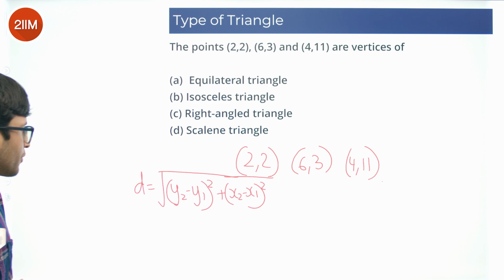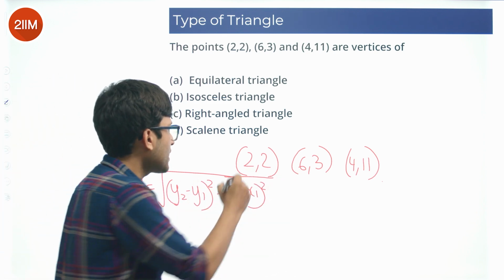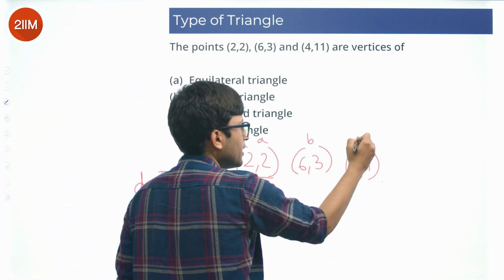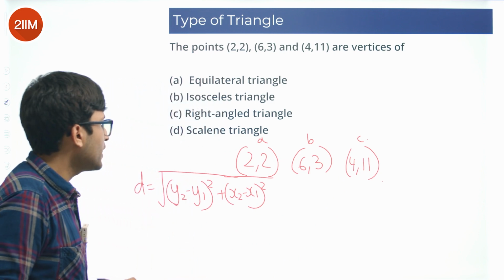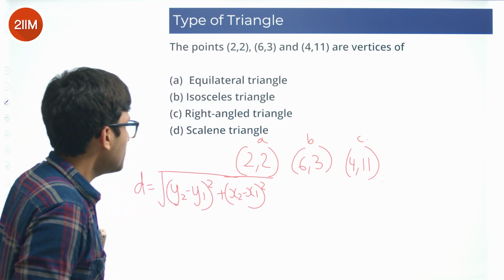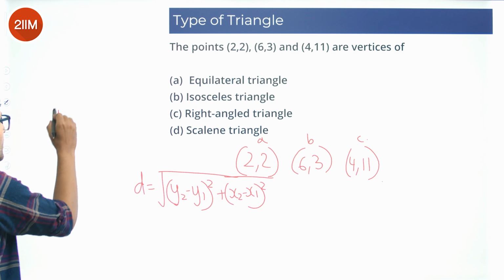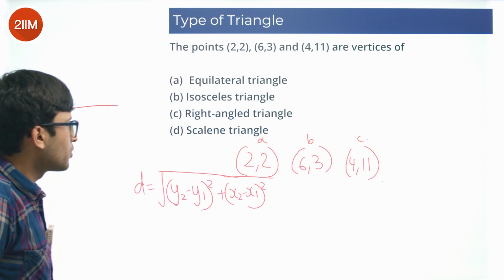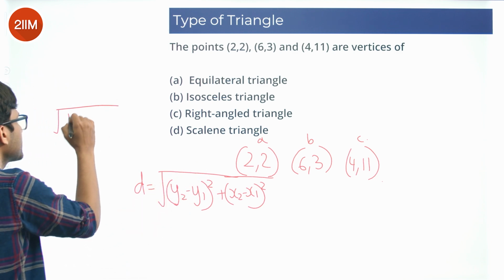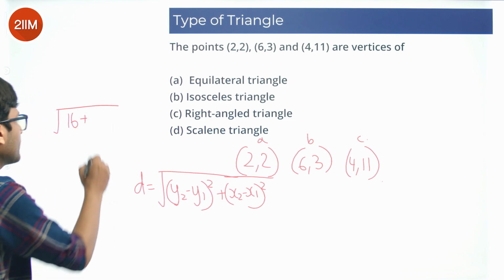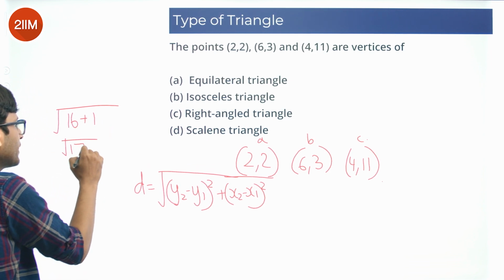Okay, so first of all, let us find out the distance. These are my 3 points, A, B, C, let's call it. So first of all, let's find the distance between A and B. That will be equal to root over 4 square, which is 16, plus 1, which is root over 17.